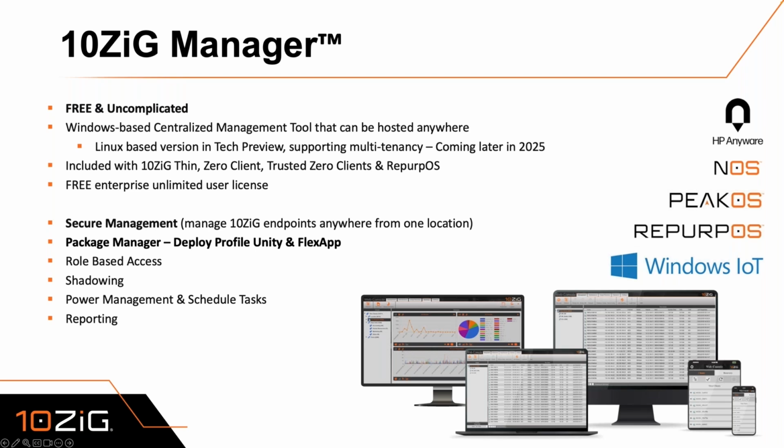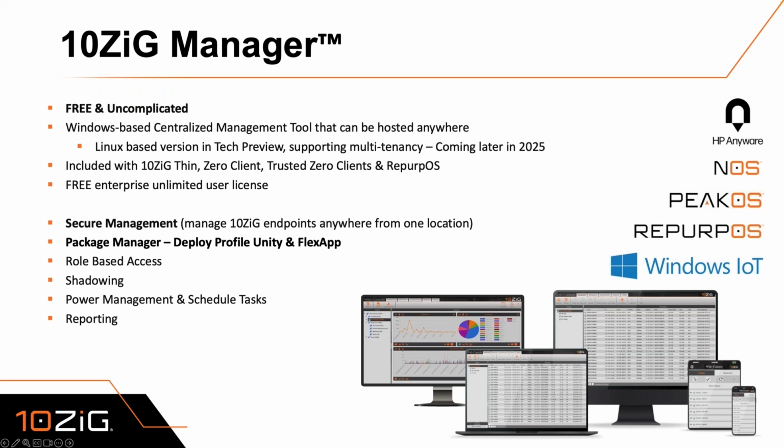And some of the major feature callouts of Tenzig Manager include secure remote management through our secure connector. So you can enforce secure remote management of both our Windows and Linux-based thin clients, and we can provide automated configuration of, again, Windows and Linux-based clients.